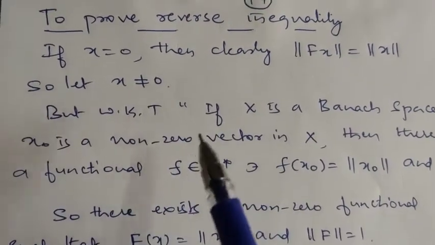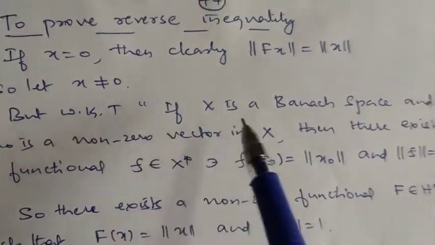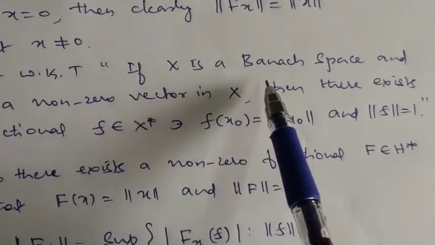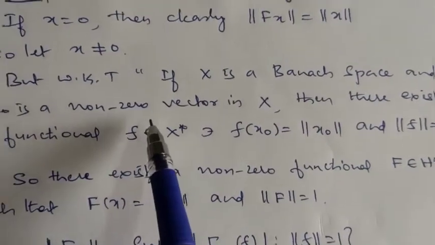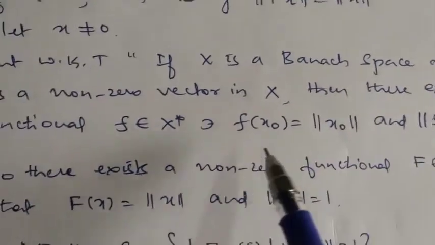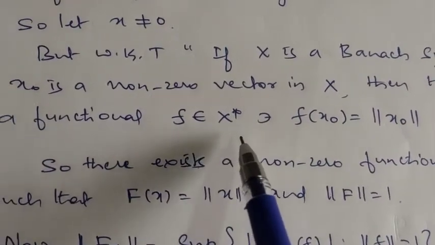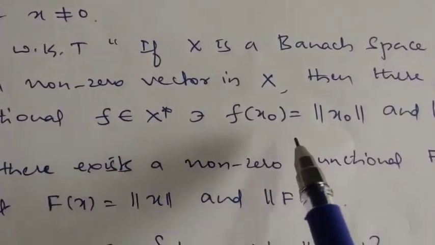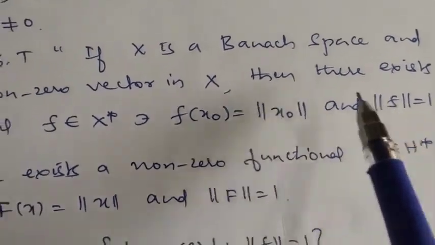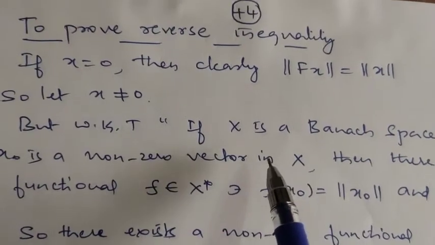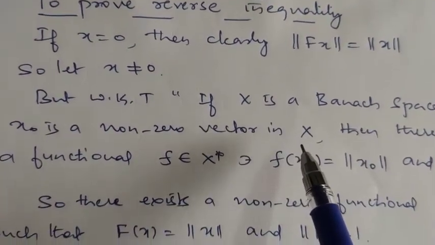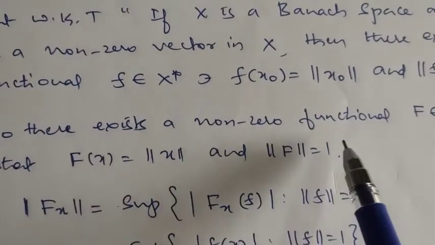Then by the corollary to the Hahn-Banach theorem: if X is a Banach space and x0 is a non-zero vector in X, then there exists a functional f belonging to X star such that f of x0 is norm of x0 and norm of f is 1. This we have proved. Now H is a Hilbert space, which means it is a Banach space, so the result holds true here. So there exists a non-zero functional.